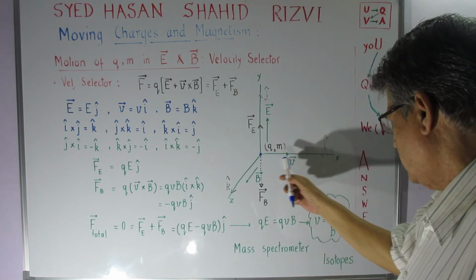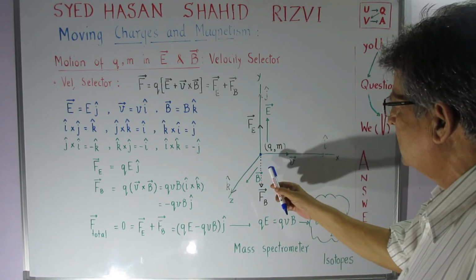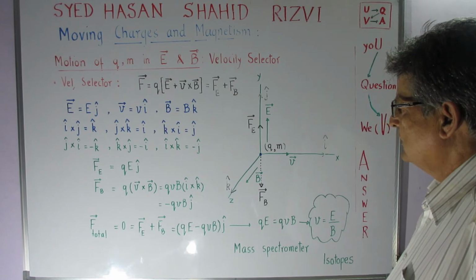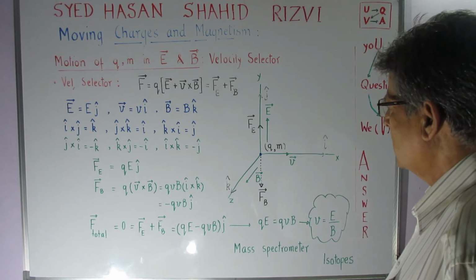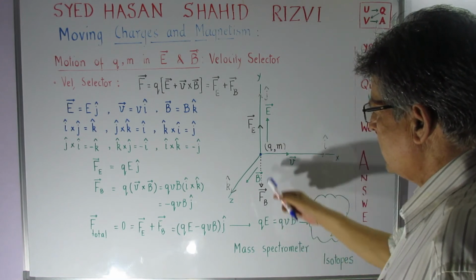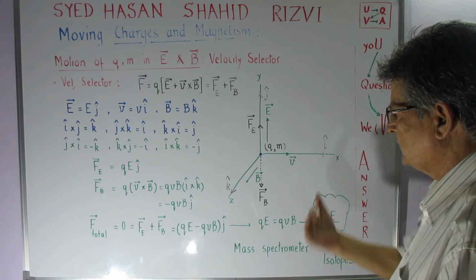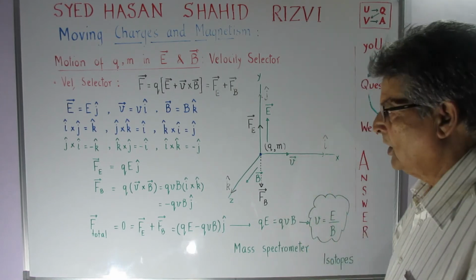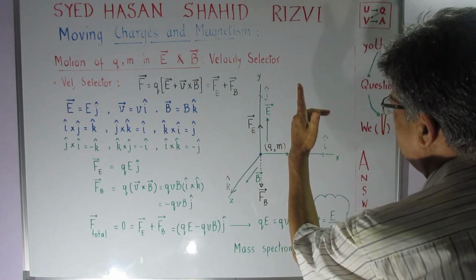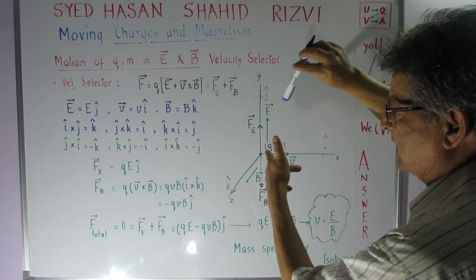Along the x-axis we have the velocity vector, along the y-axis we have the electric field, parallel to the y-axis, and the magnetic field in the z direction, that is, coming out of the board. I can show it to you with the left hand: this is the x-axis, this is the y-axis, and this is the z-axis.